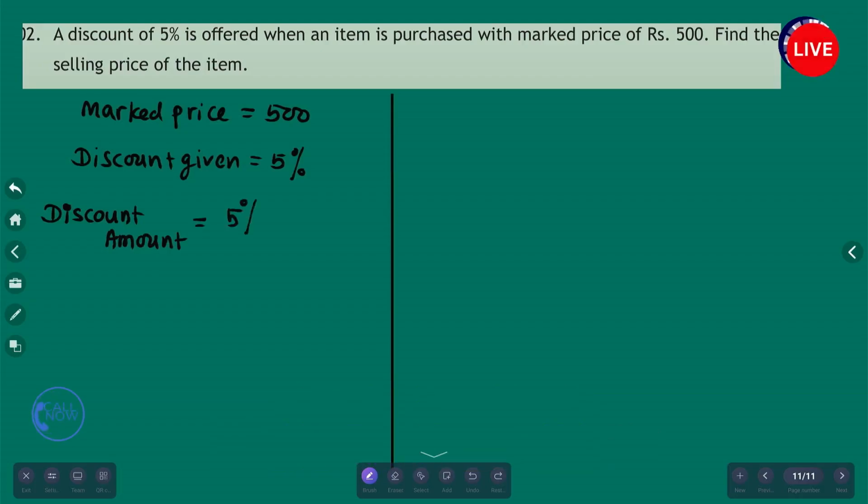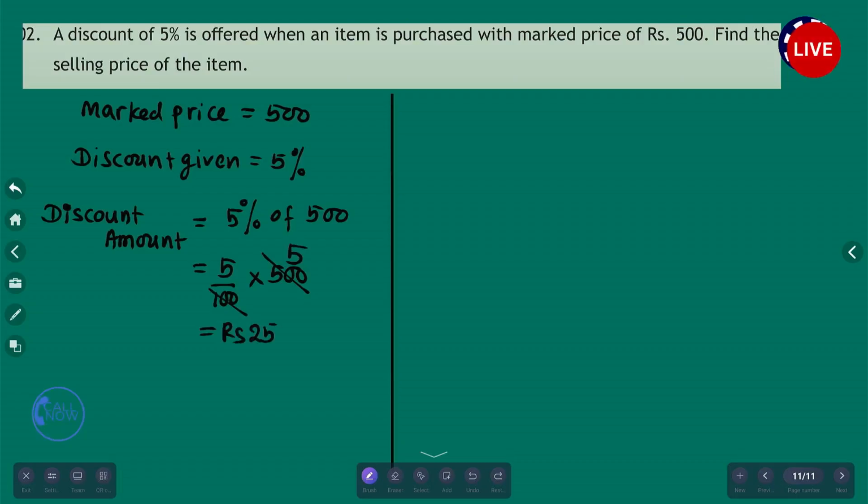Discount amount is 5% of 500 rupees. So 5%, if you write it as a fraction, 5 over 100, you are multiplying that by 500. 500 divided by 100 gives you 5. So the discount amount is 25 rupees.